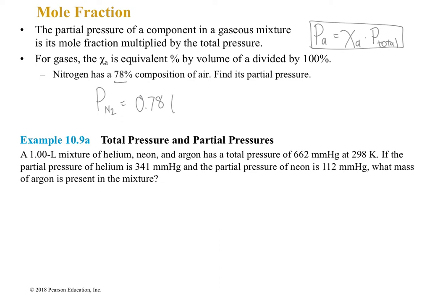So at sea level, it's 1 atmosphere. So that means that the partial pressure of nitrogen at sea level is 0.78 atmospheres. And if I wanted to find out the partial pressure of the other gases, I will just take those percentages, make them fractions, and multiply by 1 atmosphere. And if I added those all up, they should equal the total pressure of 1 atmosphere.